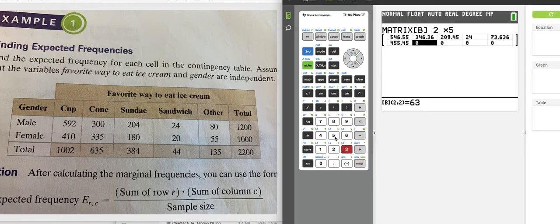635 times, for this spot right here, it's 635 times 1,000 divided by the total. 384 times 1,000 divided by the total. 44.